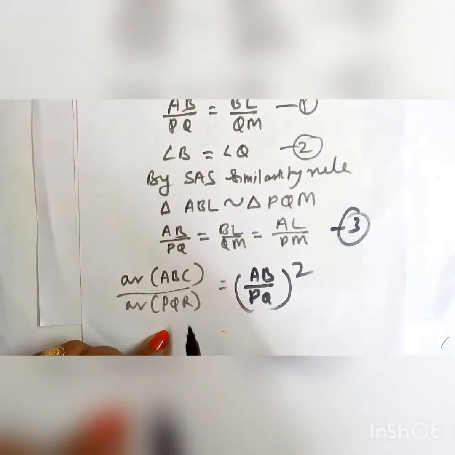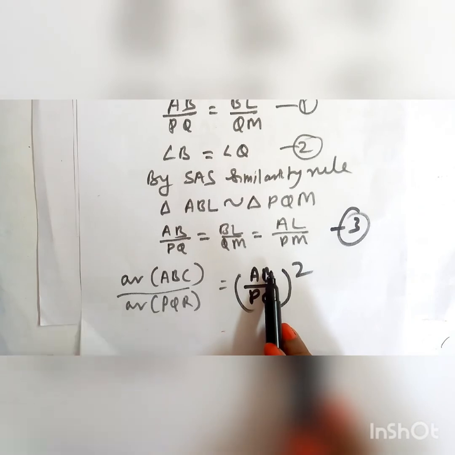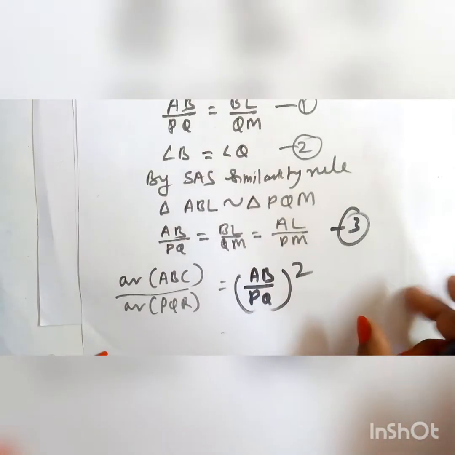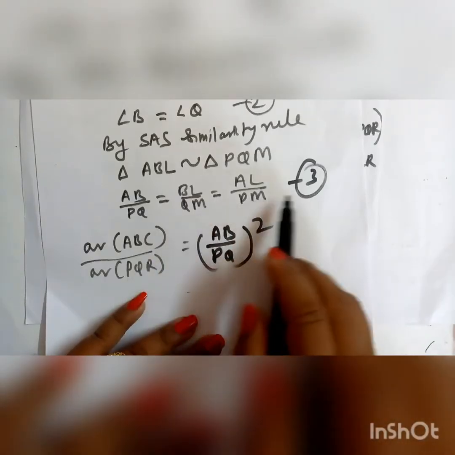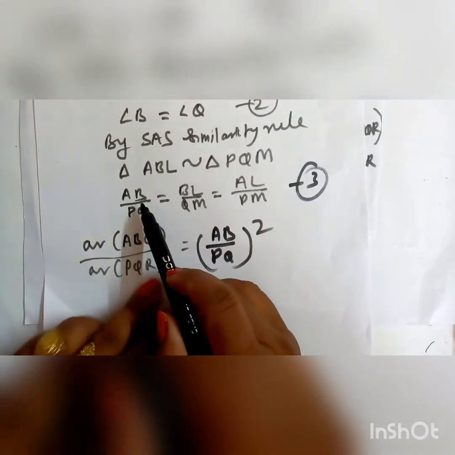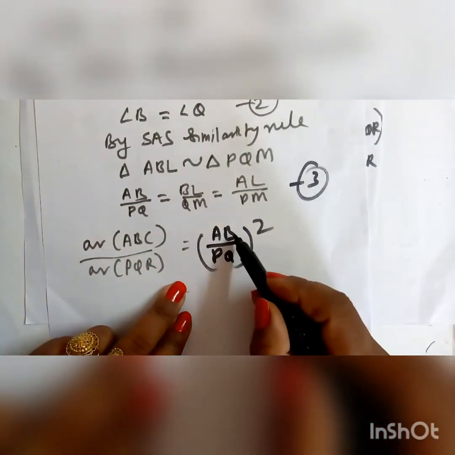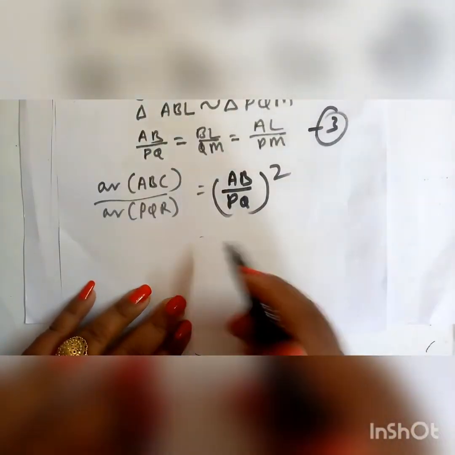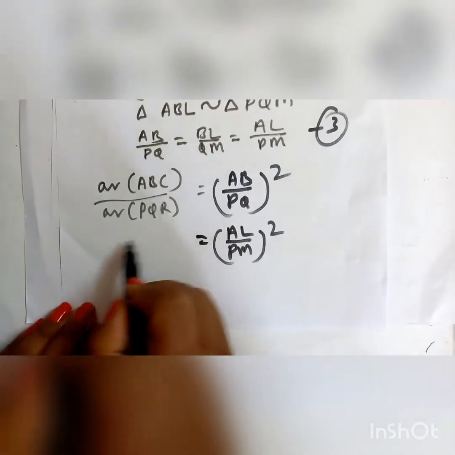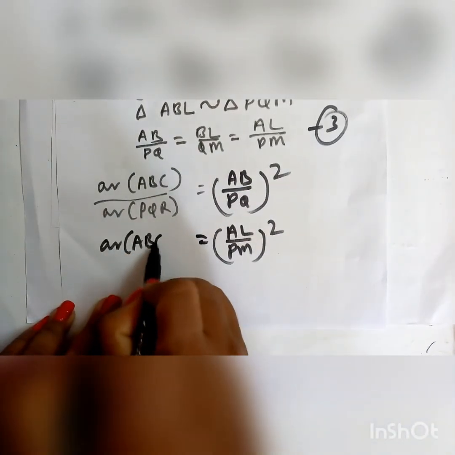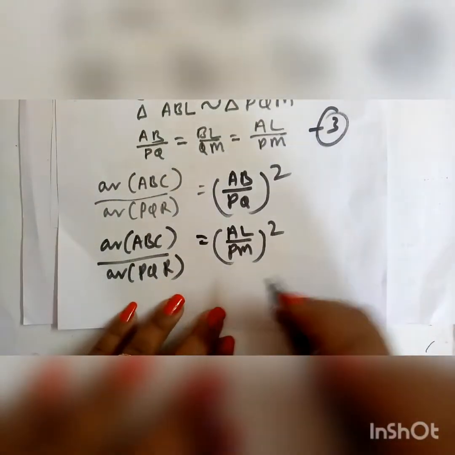Now using equation number 3 that we have proved, the ratio of AB upon PQ is also equal to the ratio of AL upon PM. So instead of AB upon PQ we can write AL upon PM whole square. That is required, that we need to prove, because AL and PM are the medians, so hence proved.